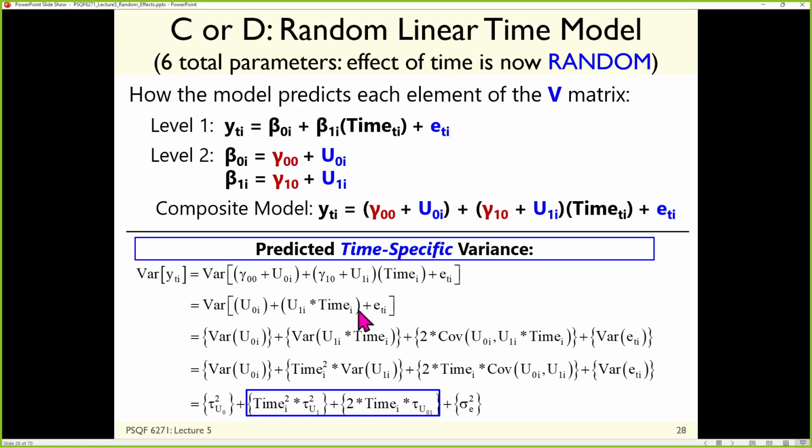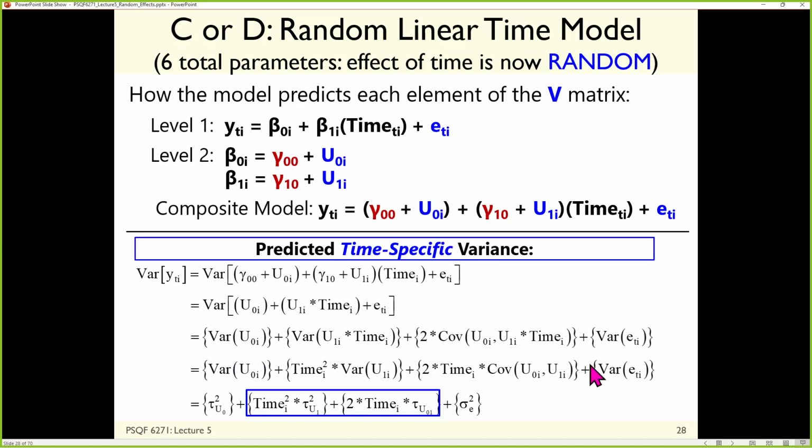So that's this. If I distribute this variance operator across, I end up with the variance of the random intercepts as the starting point. I end up with the variance of the random time slopes, and I also end up with twice their covariance, as well as the residual variance.